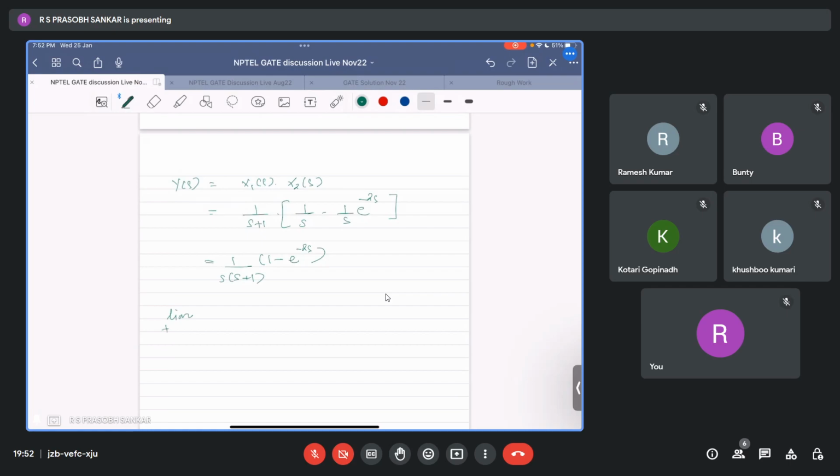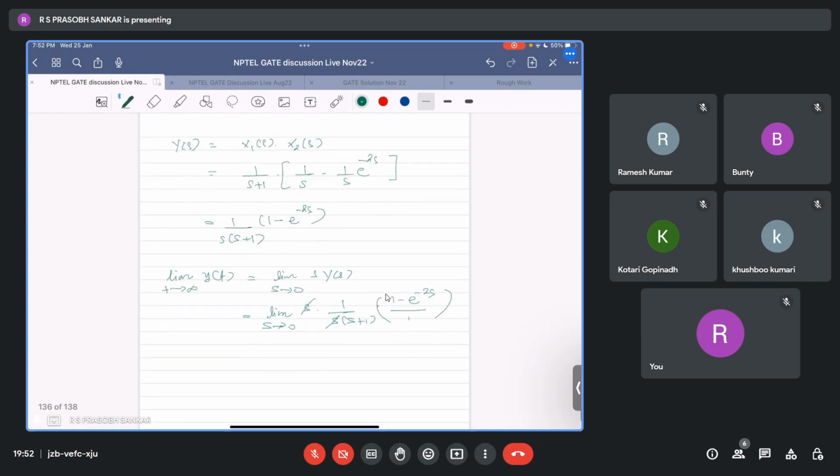Now what I want to find is the final value, limit of t going to infinity y(t). This is the same as limit of s going to 0 of s times y(s). This is limit of s going to 0 of s times 1 by s into s plus 1, 1 minus e raised to minus 2s. s and s cancel out.